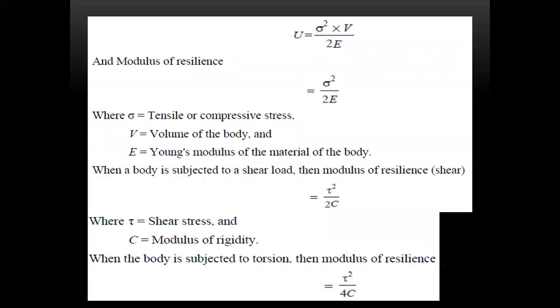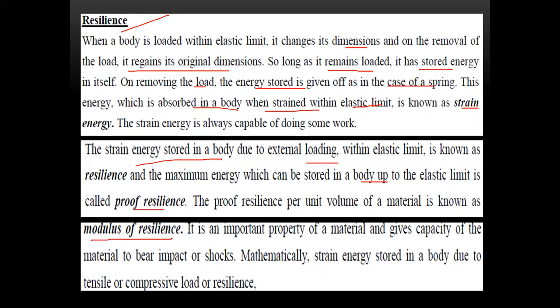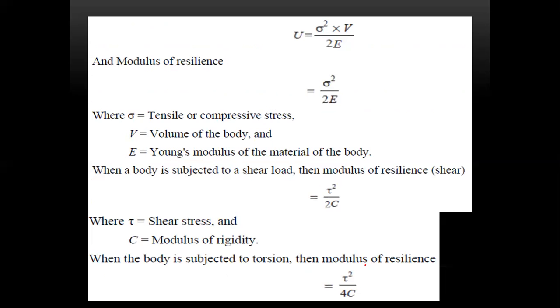Now taking the formula, mathematically the strain energy stored in the body is U is equal to sigma square into V by 2E, and the modulus of resilience is equal to sigma square by 2E, where sigma is the tensile or compressive stress, V is the volume, and E is Young's modulus.